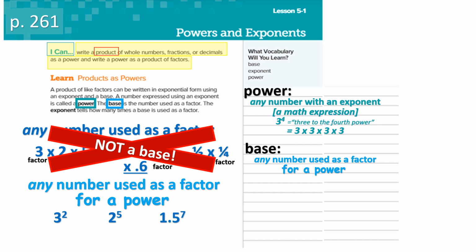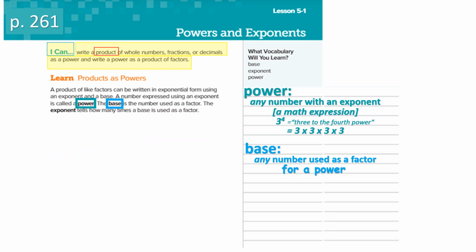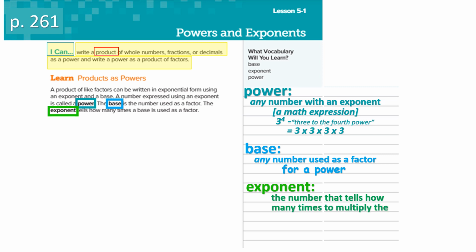Or if I have 1.5 to the 7th power, I would write down 7 1.5s and multiply all of those together. So I'm taking my base and I'm going to use it as a factor, a number in a multiplication problem. And every time I would only use the base. The exponent tells me how many times to write it. So the exponent is the number that tells you how many times to multiply the base by itself.